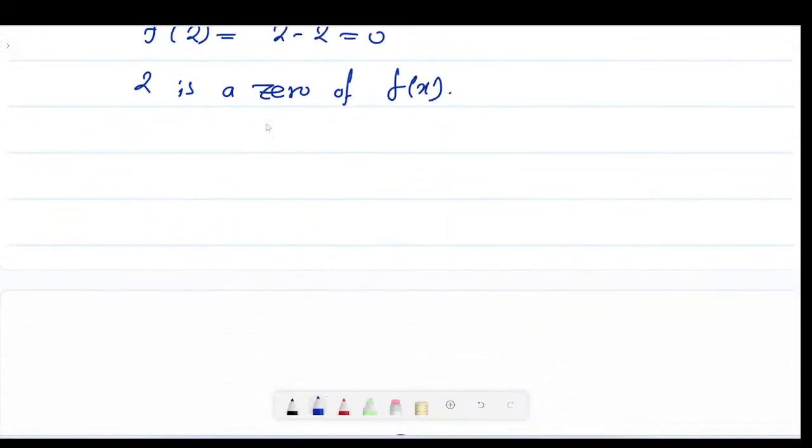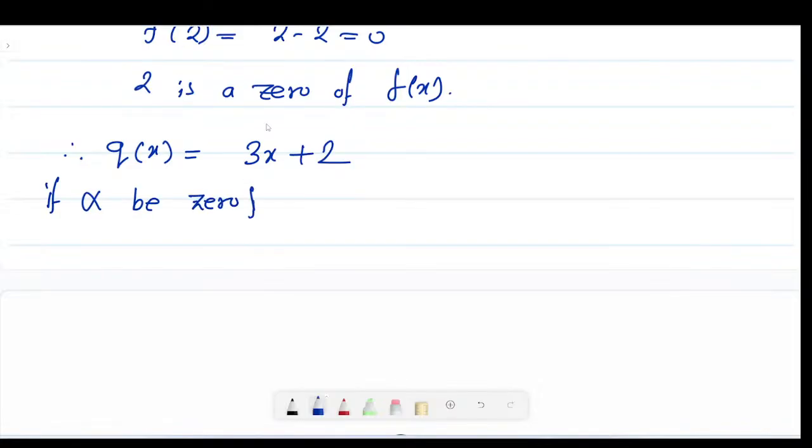Another example I am taking. q of x is 3x plus 2. So now we have to find the value of zero of this polynomial. So if alpha is a zero of q of x, then q of alpha will be 0.